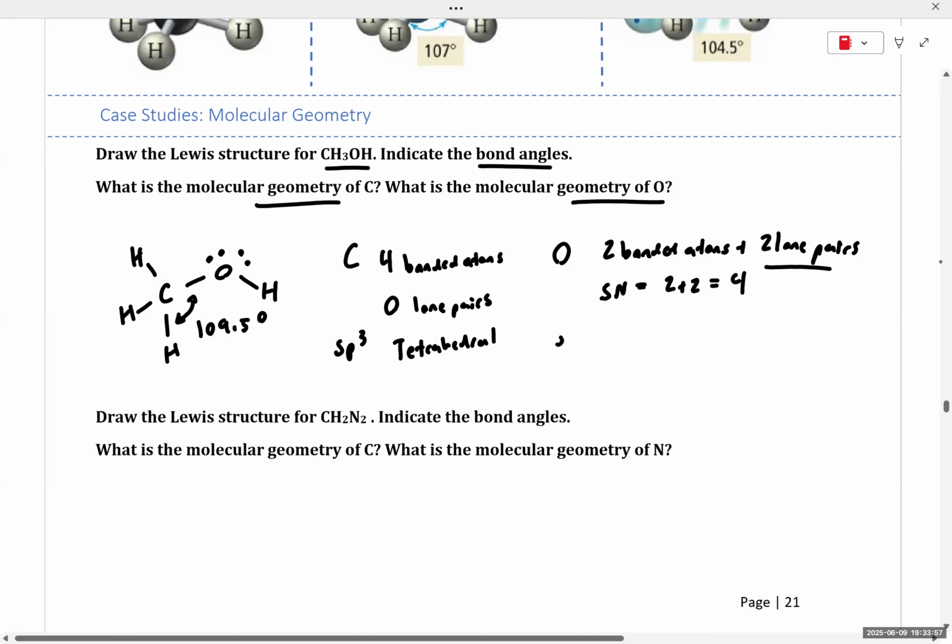So in this case, even though this oxygen is sp3, instead of being tetrahedral, we have a bent molecular geometry. This in turn gives us a bond angle of 104.5 degrees around the central oxygen atom.